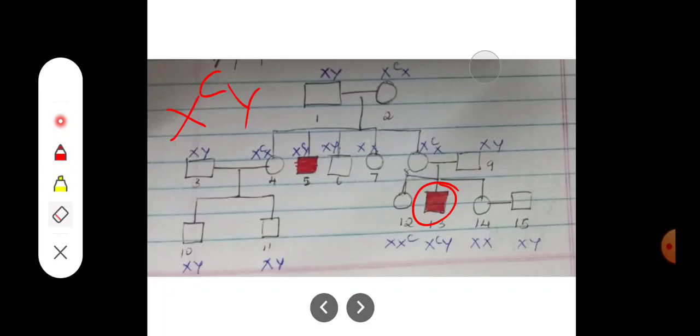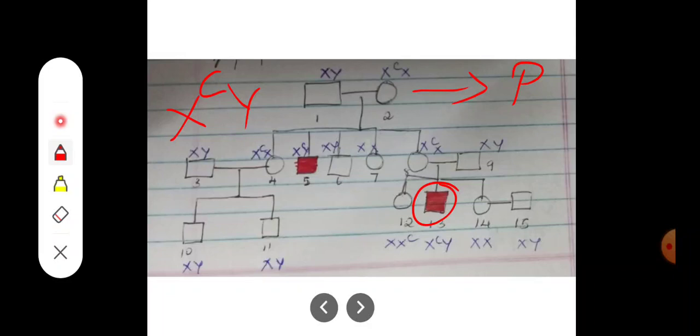See this parental generation, I'm just writing it as P. So first, what should we do? We write the genotype of the diseased individual. And if you get the diseased individual's genotype, using that we have to find out the genotype of the parents.